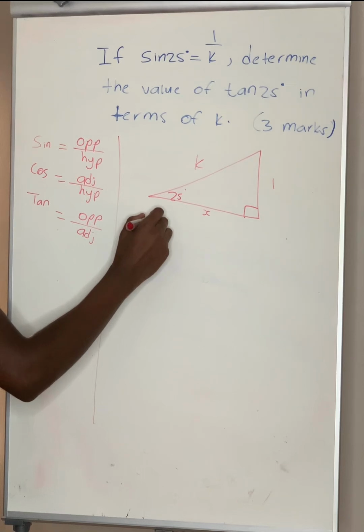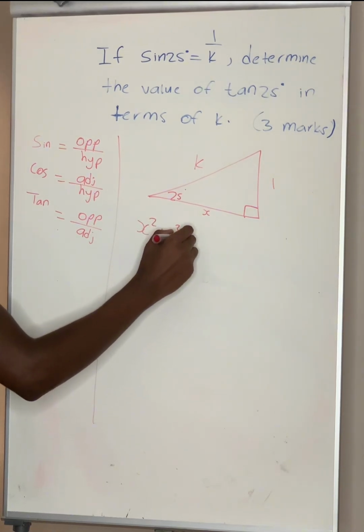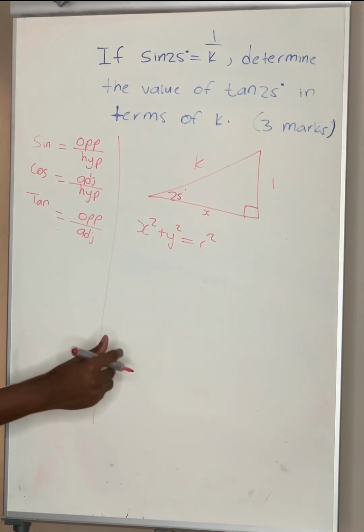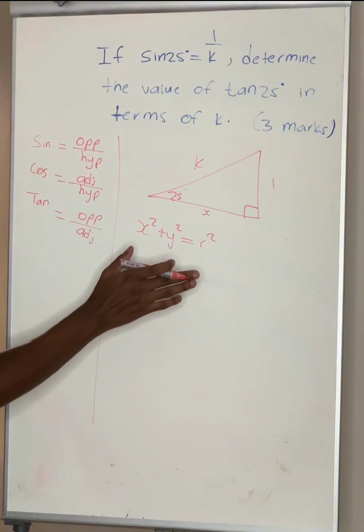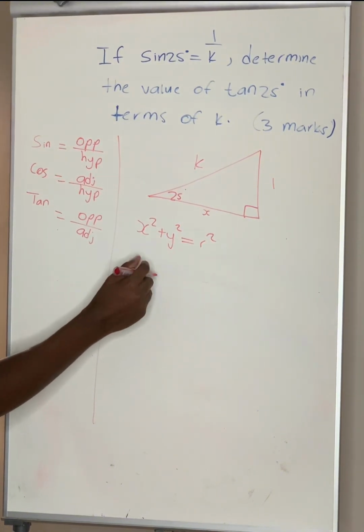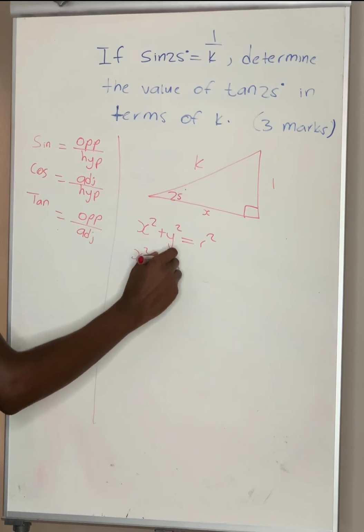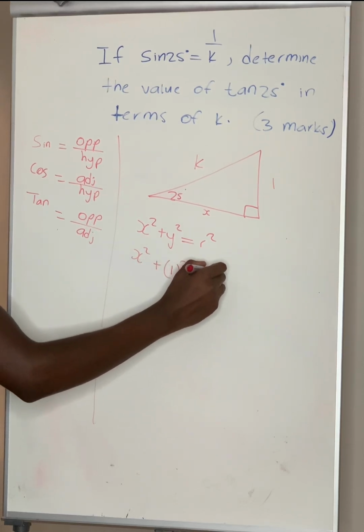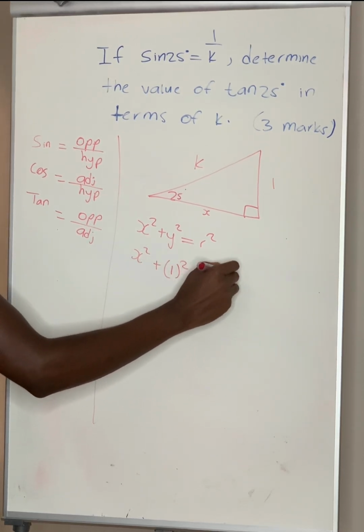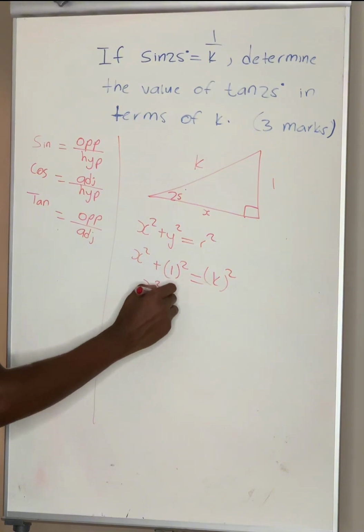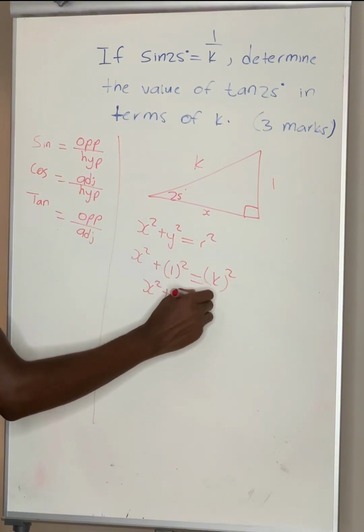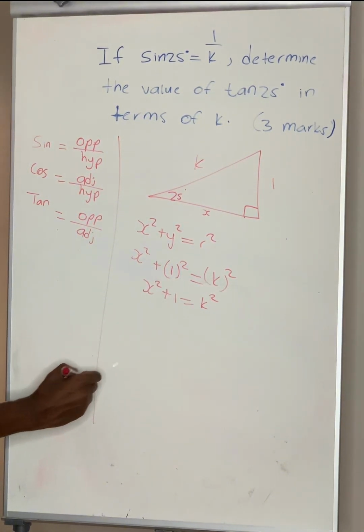So it's x squared plus y squared is equal to r squared. The only way you can do it is using the Pythagoras theorem. So x squared, our y is 1 all squared, and then our r is k all squared. X squared plus 1 is equal to k squared.